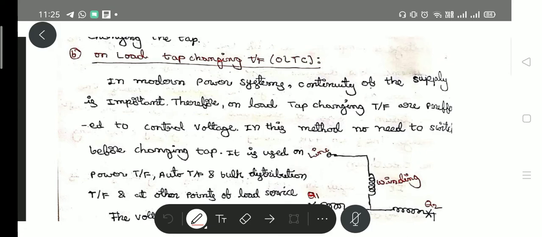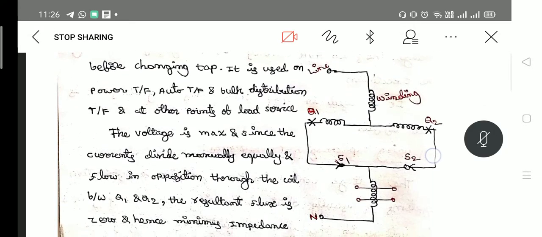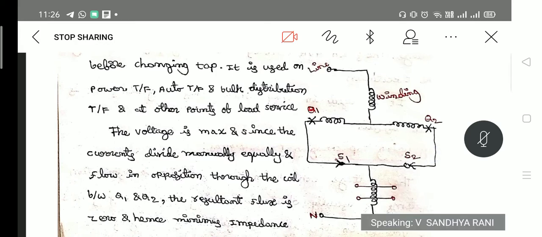So this is the circuit diagram of the on load tap changing transformer. S1, S2, Q1, Q2, and N neutral, line, winding. These are the windings, right. Here the voltage is maximum, and the current divides equally in the flow of the coils between Q1 and Q2, right.